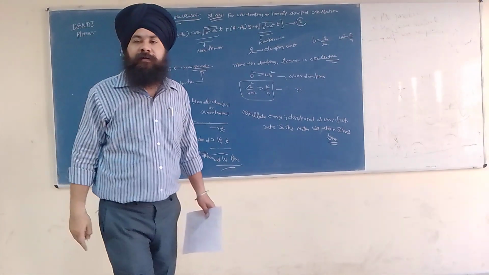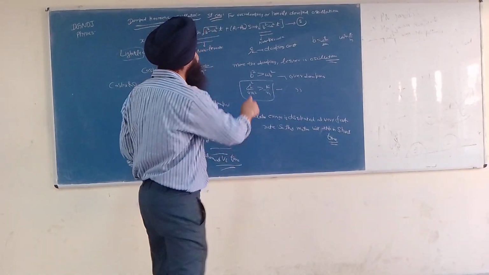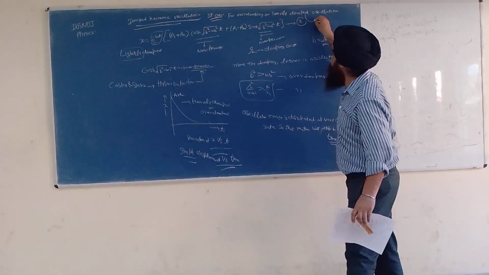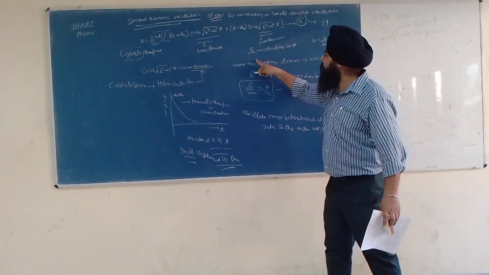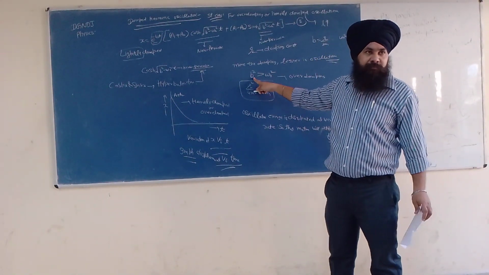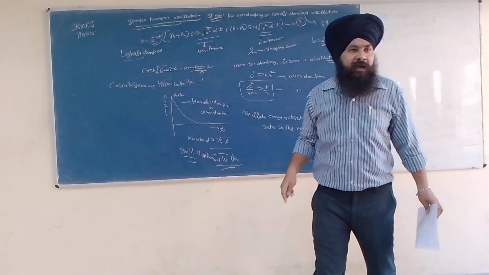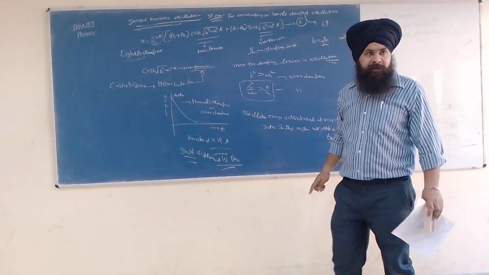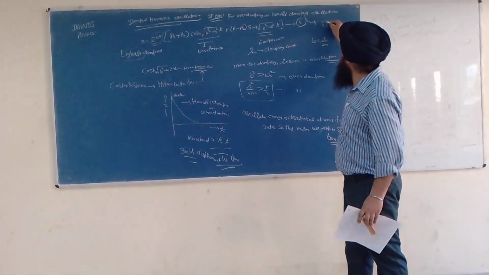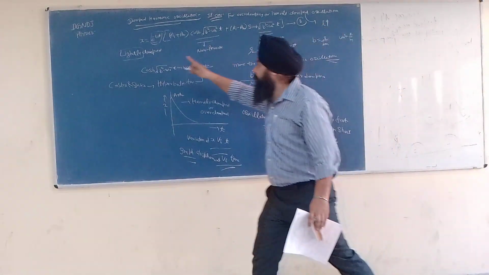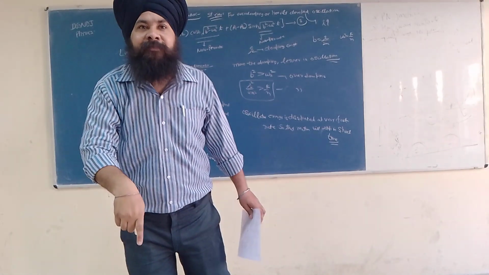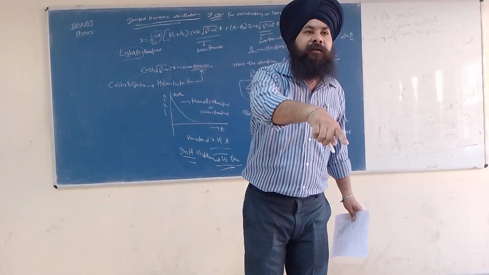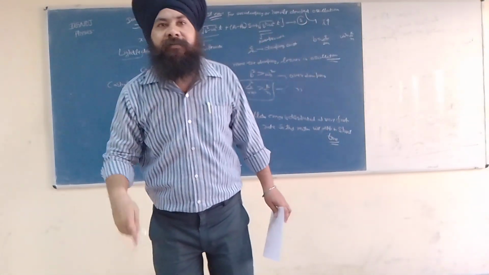Heavily damped means R is more. R more means B is more, because B contains R, B is equal to R by 2m. Heavily damped means R is more, and lightly damped means R is less. R is called the damping constant.